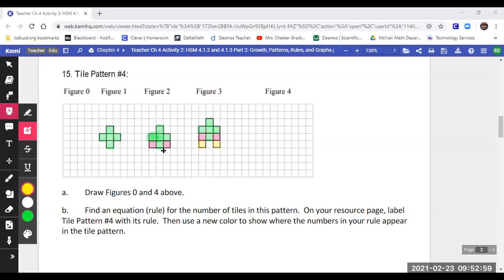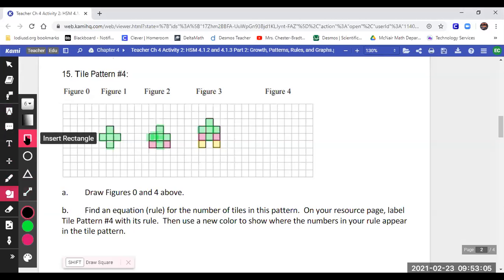So what would be left if we took the 2 sides off of figure 1? What would we have? We took the 2 sides off figure 1. What would we have for figure 0?